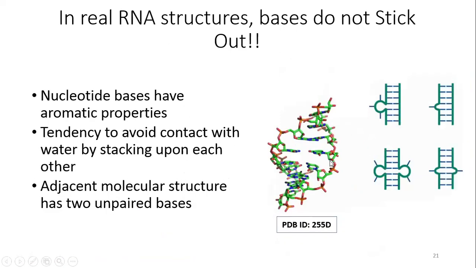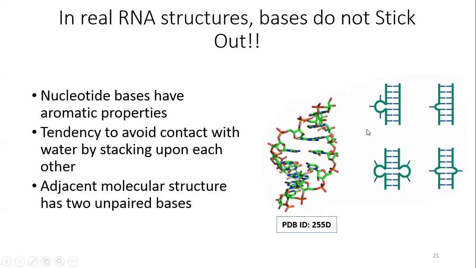Now, this is one more thing that I want to tell you guys: in most of the books you would see that when people talk about these bulges, symmetric or asymmetric, they show something like this. In real RNA structures, the bases do not stick out of your strands, out of your secondary structure. These nucleotide bases have aromatic properties, and hence they have a tendency to avoid contact with water.